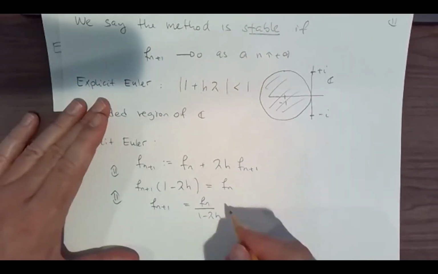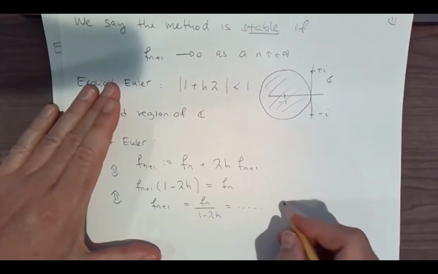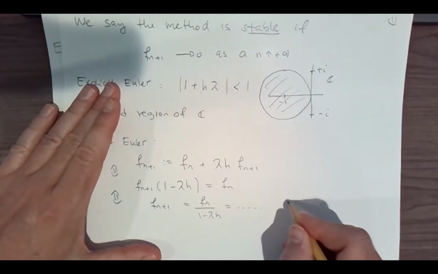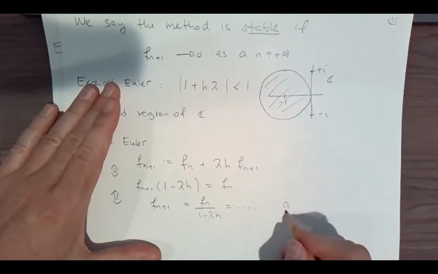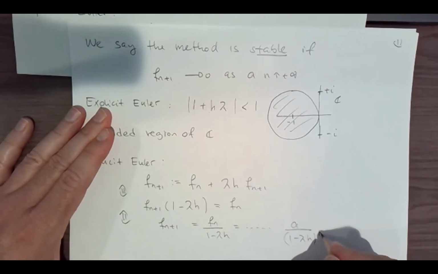And then we can iterate as before, go all the way back to f0. So this here will give me a, that was f0, what we started out with. And then we'll have to divide by 1 minus lambda h to the power n plus 1.